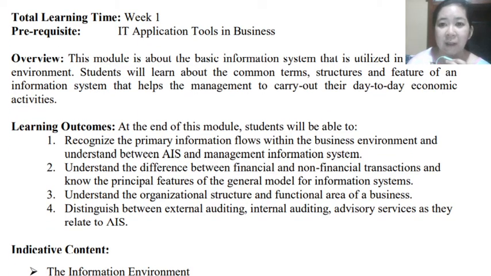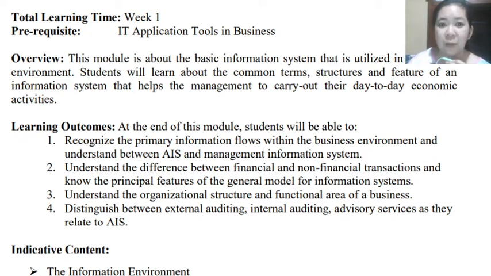For the learning outcomes, at the end of this module, you will be able to recognize the primary information flows within the business environment and understand the difference between accounting information system and management information system. You will also be able to understand the difference between financial and non-financial transactions and know the principal features of the general model for our information systems.